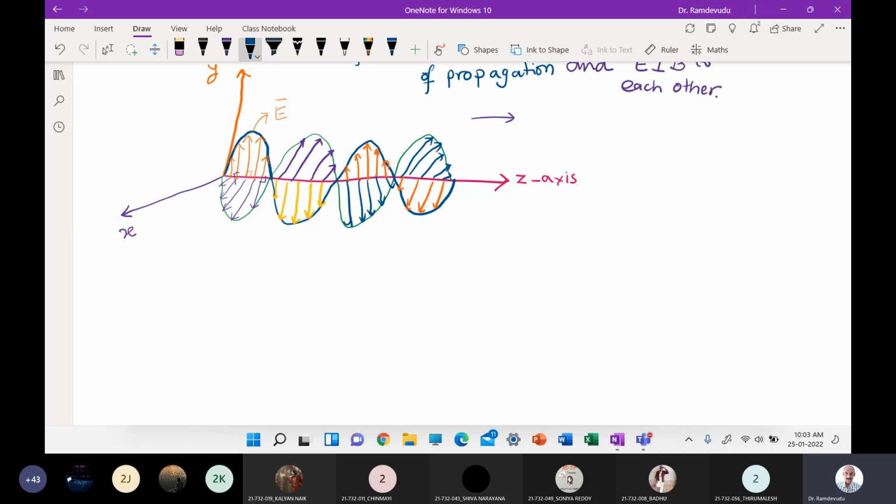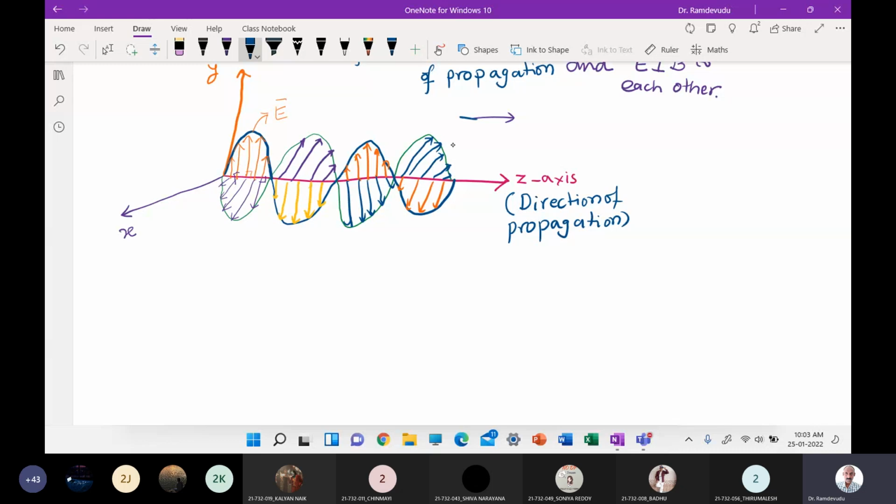Therefore, every time the electromagnetic wave not only will have E and B perpendicular to each other, but both of them are perpendicular to the direction of propagation, because I'm taking this as the direction of propagation. And you also should remember that as this wave propagates in this direction, it rotates.